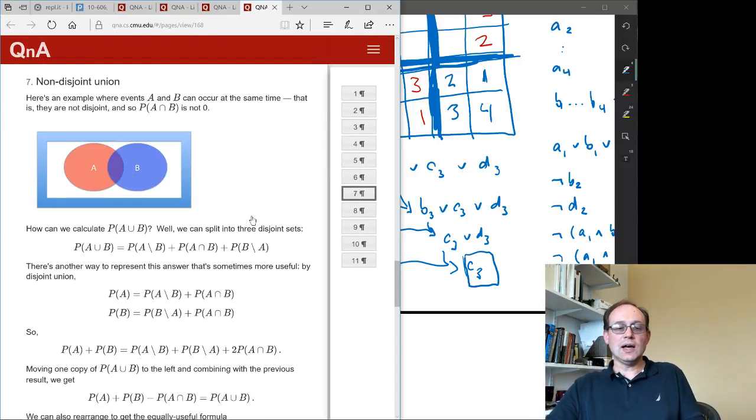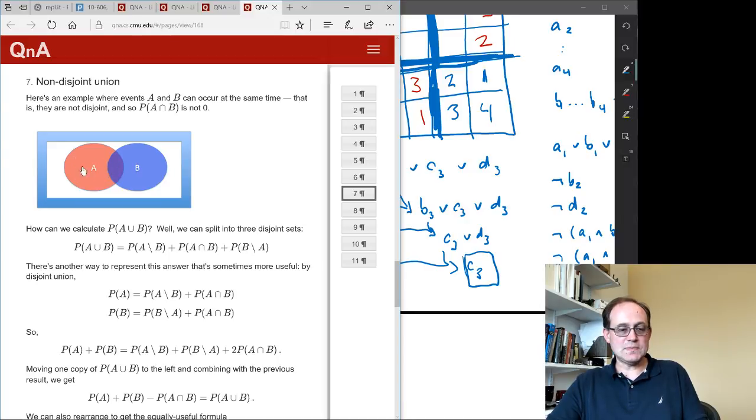So if we have two events A and B that are not mutually exclusive, meaning that there's an overlap here in the Venn diagram, the probability of A union B, we can calculate it by splitting the Venn diagram into 4 pieces, right? So there's the part that is neither in A nor B, and then for A union B, there's 3 pieces.